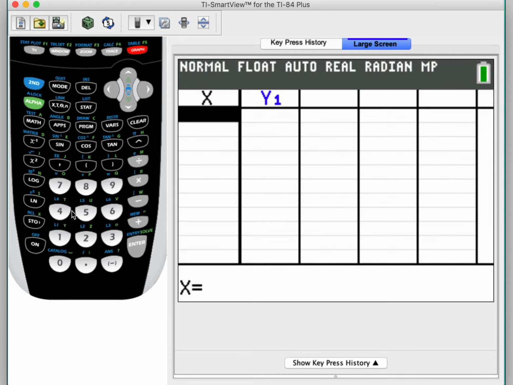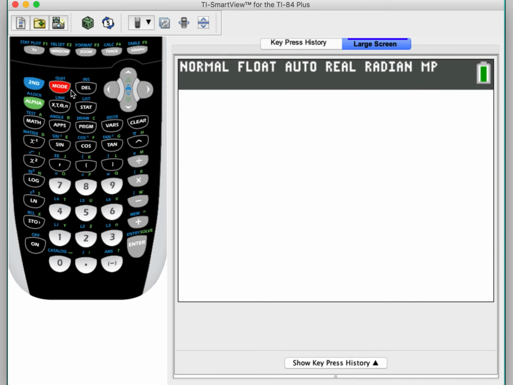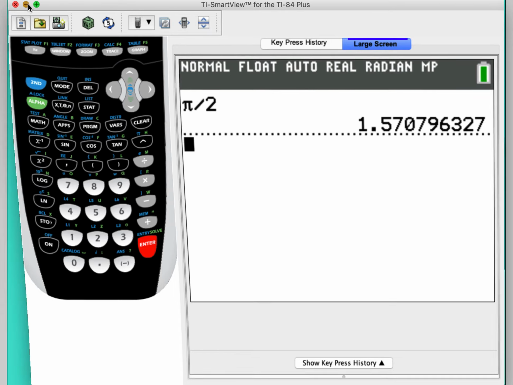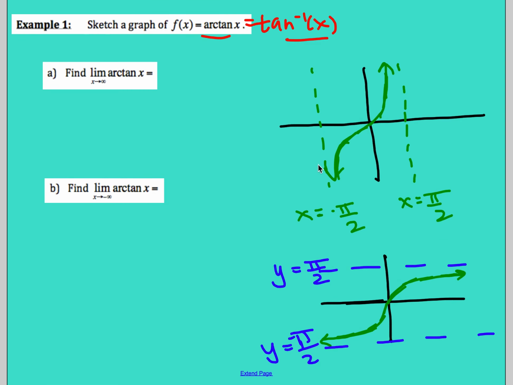In order to figure out which way it's going, I'm just going to plug in a super, super large x value. You should see it's 1.5708. You could confirm that by typing in pi divided by 2, which is 1.57. So there it is. Those are my asymptotes, so we have our graph sketched right here. This is tangent inverse or arctangent.